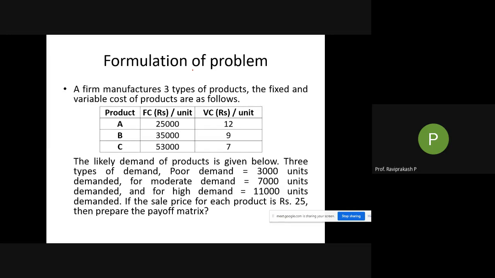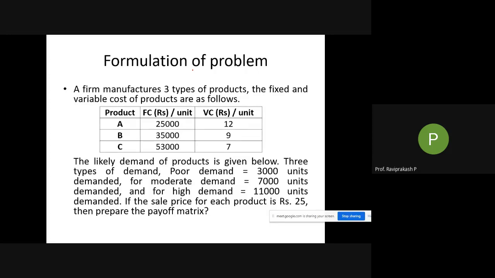Poor demand is equal to 3,000 units demanded. For moderate demand, 7,000 units demanded. And for high demand, 11,000 units demanded.